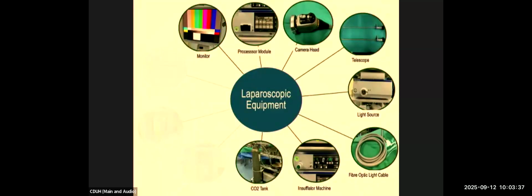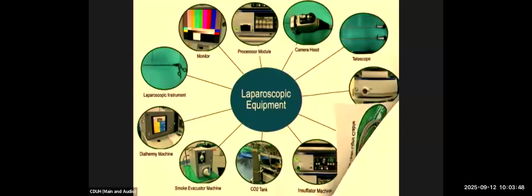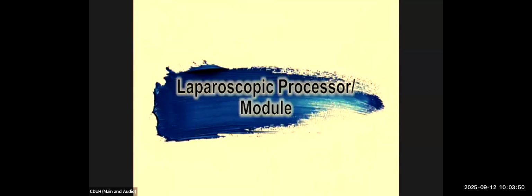Next is the CO2 tank, followed by the smoke evacuator machine, followed by the diathermy machine, and lastly, all the common laparoscopic instruments. All the images I'm going to show you are from the first picture in the OT. All right, so we just quickly glance through.